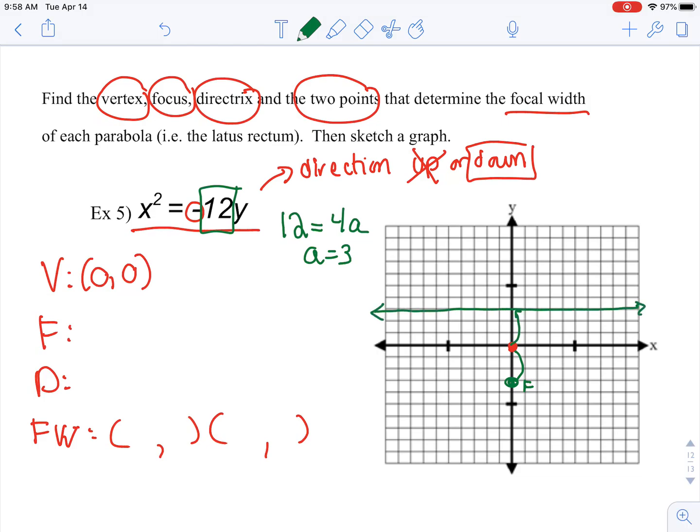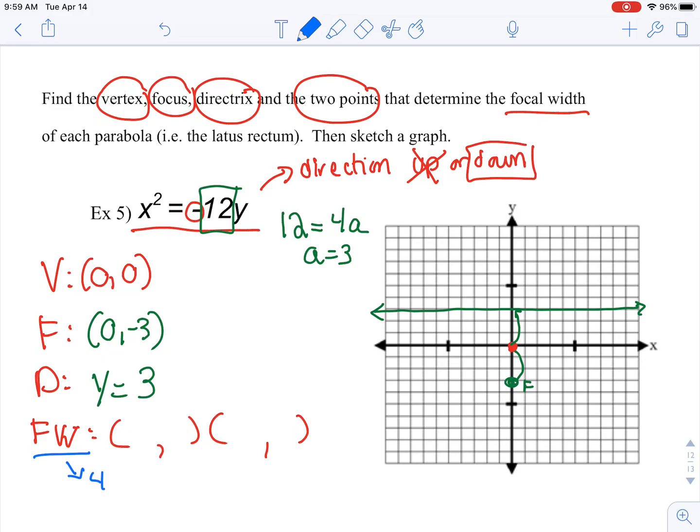And remember, we know that the focus has to be down 3 units because the focus has to be inside the parabola and the parabola is opening down. So if we identify these, my focus is at (0, -3). My directrix is the line y equals 3.